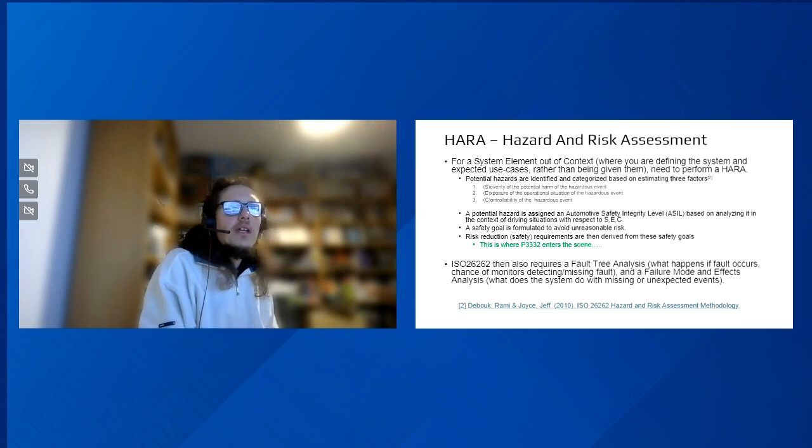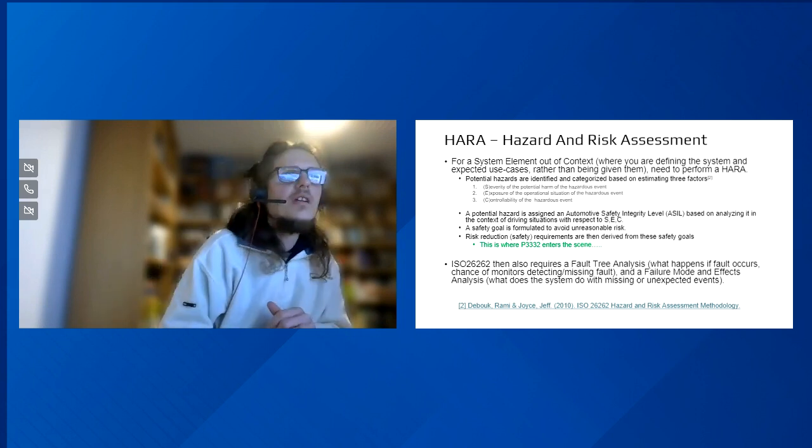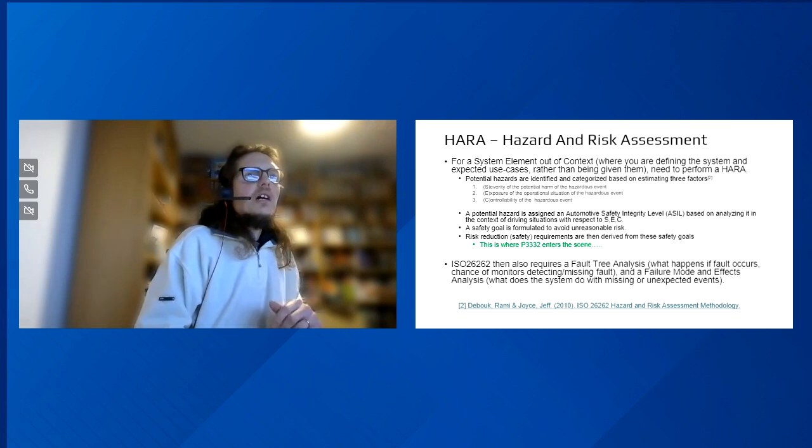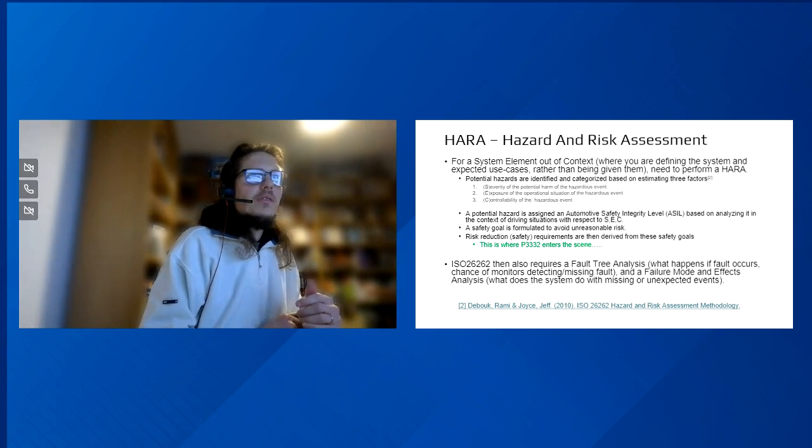So when you are performing a HARA, you need to look at the potential hazards and categorize them based on 3 factors. And if you wish to see more detail on this, there is a link at the bottom which gives a very good description of hazard and risk assessment methodologies. So you're looking at the severity of the potential harm of the hazardous event, the exposure of the operational situation of the hazardous event, so how badly could it go wrong?